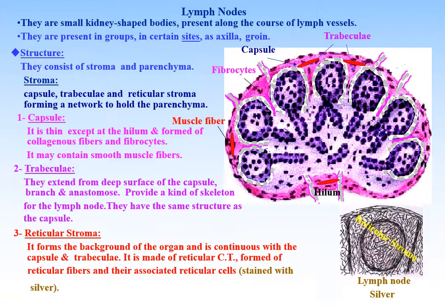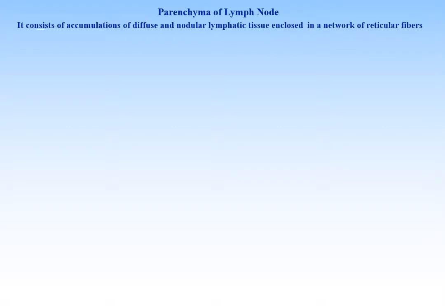They can be stained and demonstrated with silver stain. Parenchyma of lymph node consists of accumulations of diffuse and nodular lymphatic tissue enclosed in a network of reticular fibers and forms an outer cortex and inner medulla.